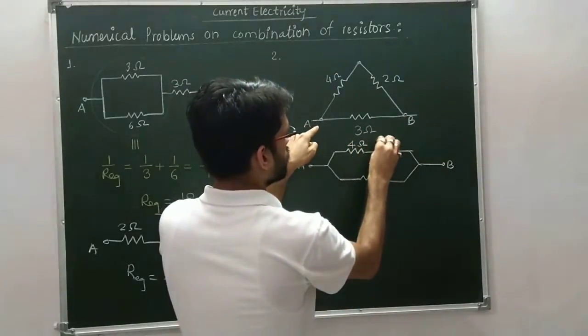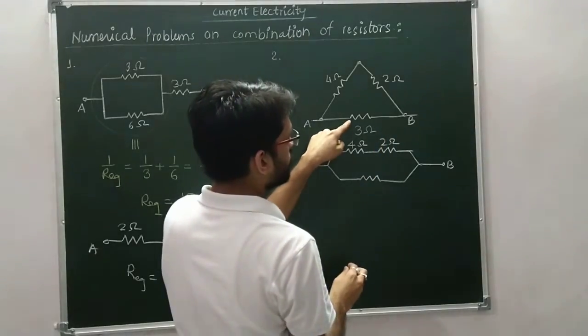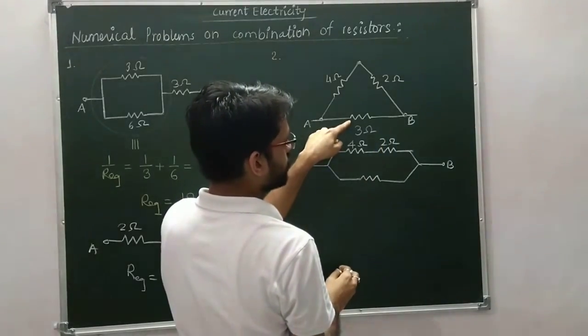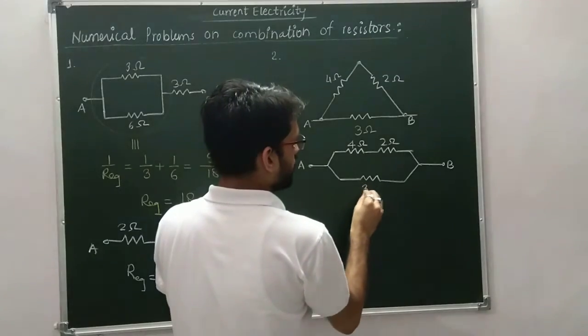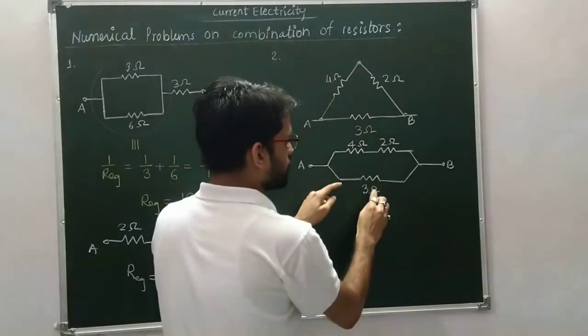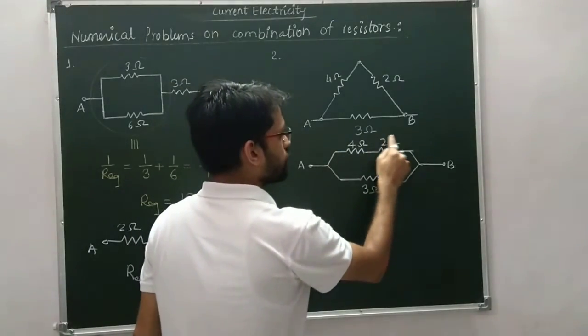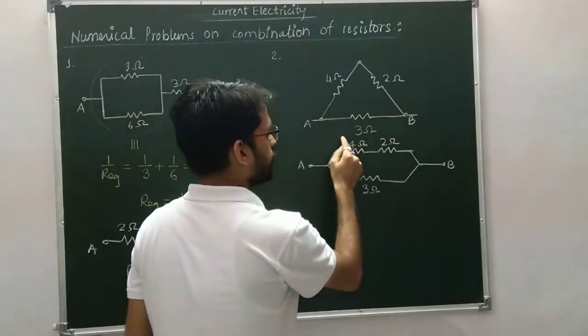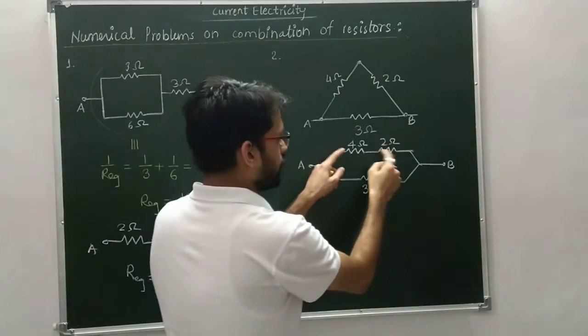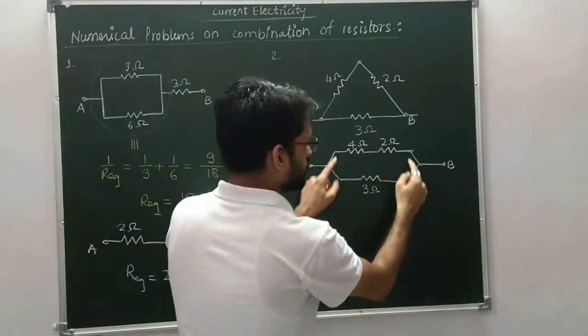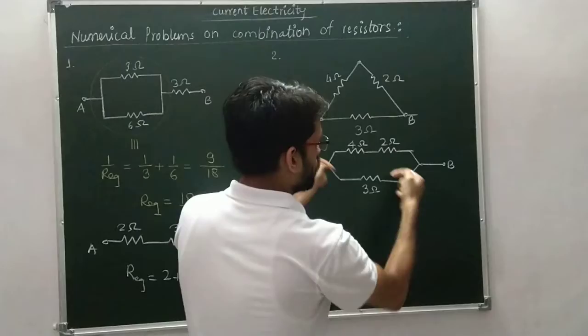This is 4 ohm, this is 2 ohm. And this third resistor having resistance 3 ohm is in parallel with this combination. This is the series combination here, and this 3 ohm is connected in parallel with this series combination.